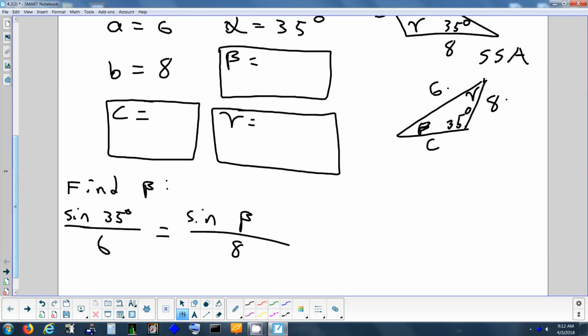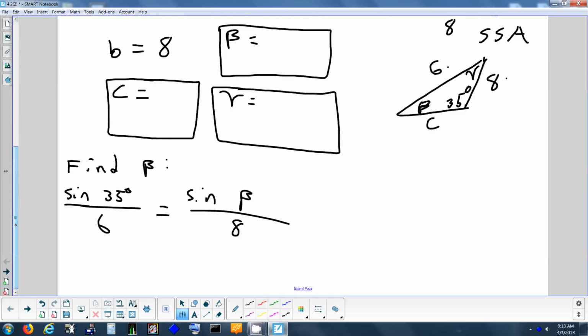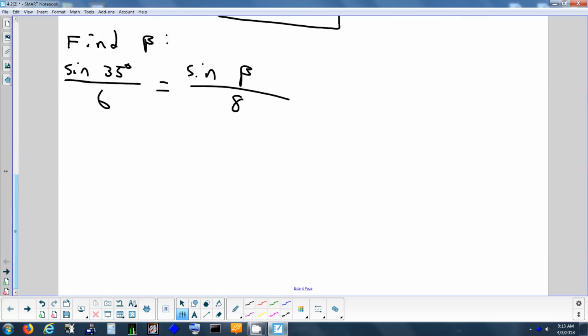I can do that by multiplying both sides by 8. There's really no need to even cross multiply. So again, 8 sine 35 over 6 equals sine beta, but we still want to get rid of sine.